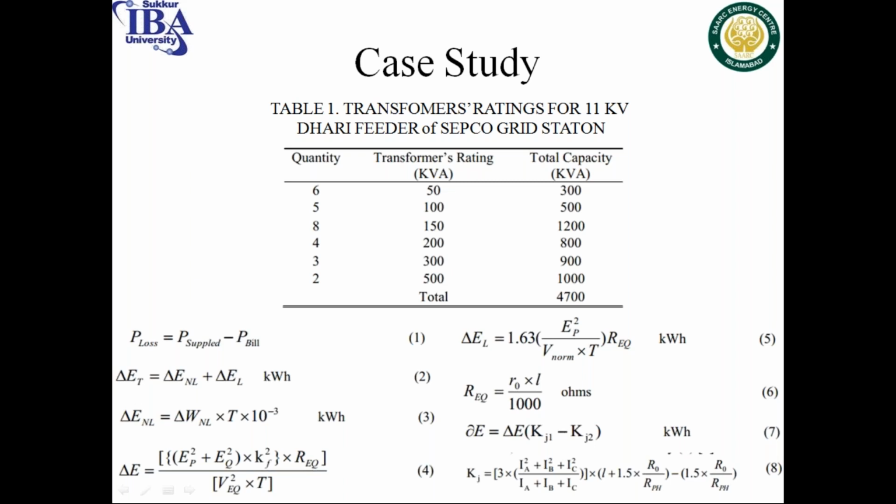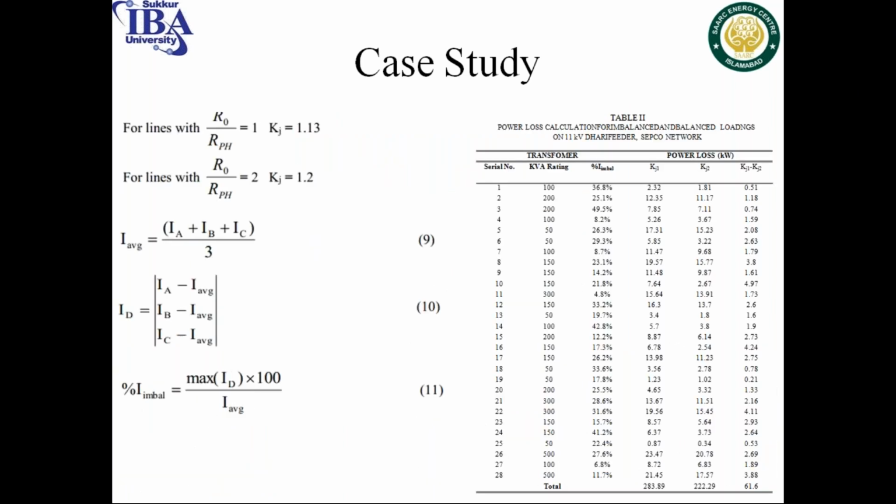So these are the full equations. The main factor here is in equation 8. You can see here that equation C shows a factor Kj. This factor is very important. This factor shows the percentage or the amount of unbalance on each transformer.